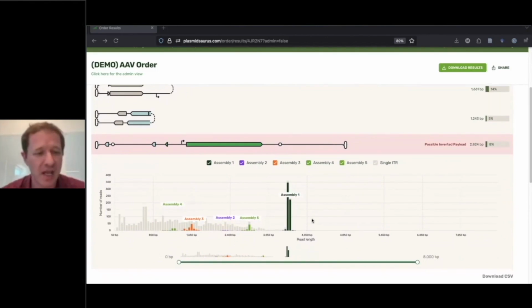So this is a histogram of all of the reads that were sequenced in your sample. And like Anthony said, we will sequence any read that has an ITR on it. So the first thing we're going to do is identify reads that have an ITR on either end. And so these, what we will assume, are the genomes being packaged.